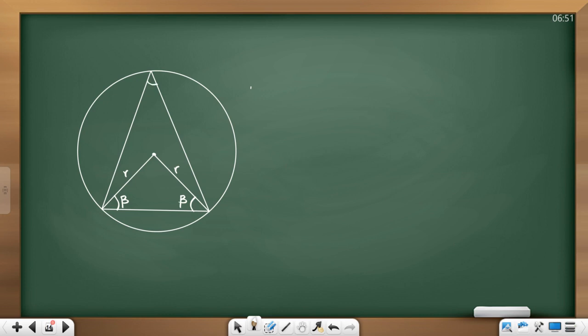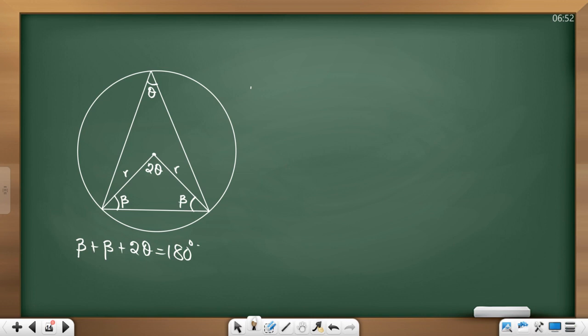So if this is theta, this would be 2 theta. And we now know that beta plus 2 theta equals 180 degrees, sum of angles in a triangle. So that's the second thing there. Apart from angles in a triangle, we look at those 2 angles that are opposite equal sides.